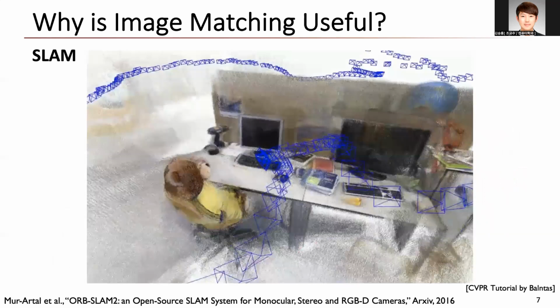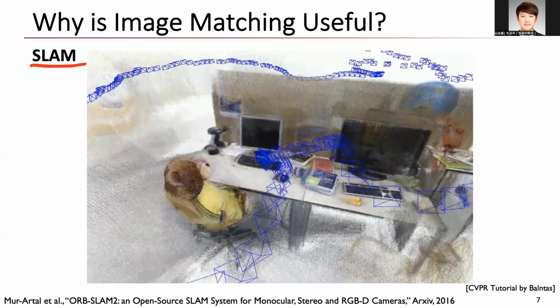And another example is SLAM. In fact, SLAM is almost similar to SFM because their goals are almost the same.